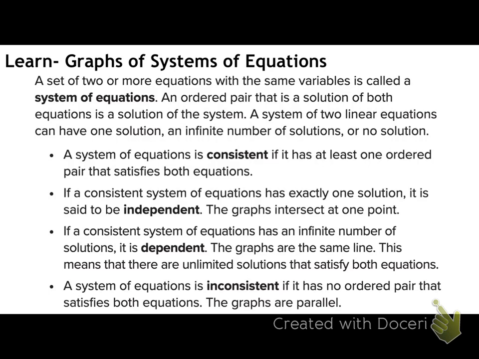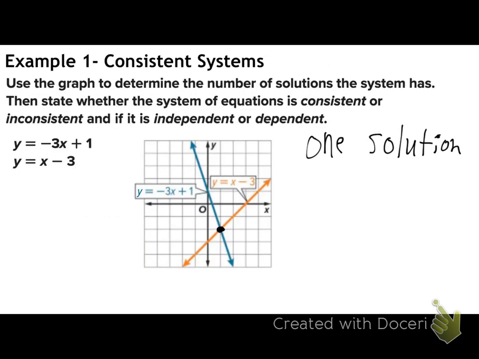And then no ordered pairs? An inconsistent system has no ordered pair that satisfies both equations. So we said it has one solution, right? So would this be consistent or inconsistent? Consistent, because it has at least one ordered pair that satisfies both equations.